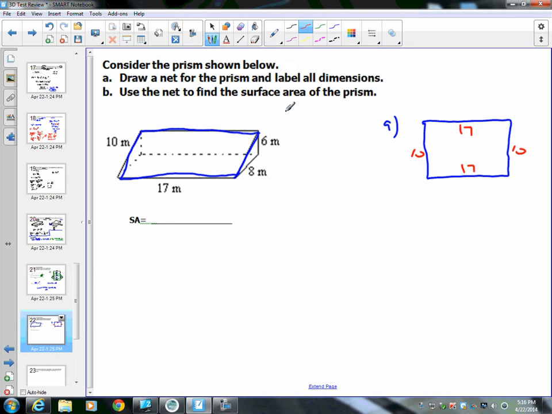Okay, the next piece, I'm going to also do this in blue, is the underside, the bottom of it, which is another rectangle. I'm going to draw it right here. It's just a little bit smaller than this one. These front and back are also still 17, but this side is now 8.